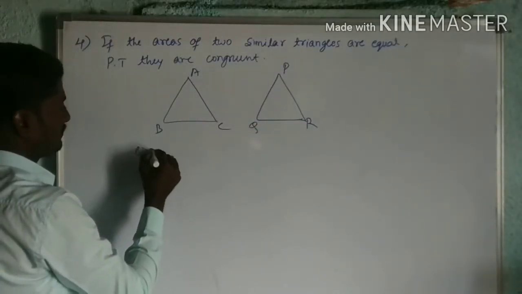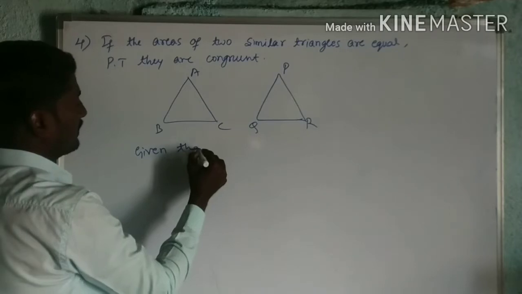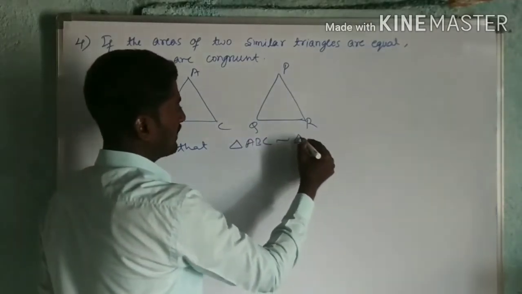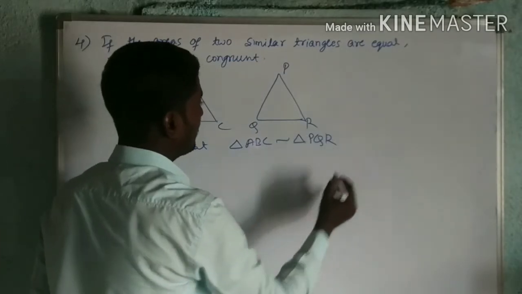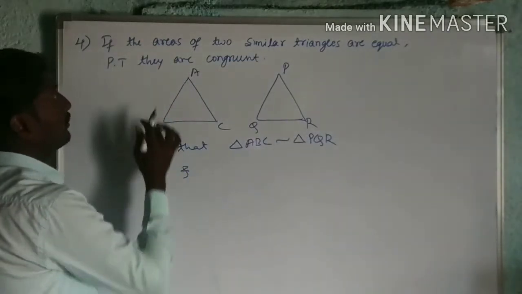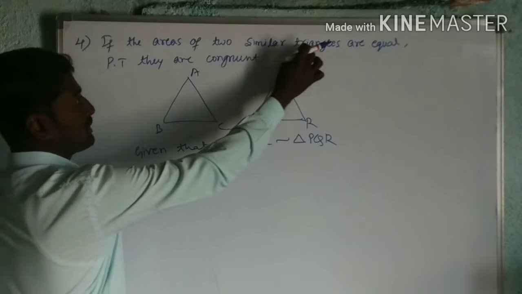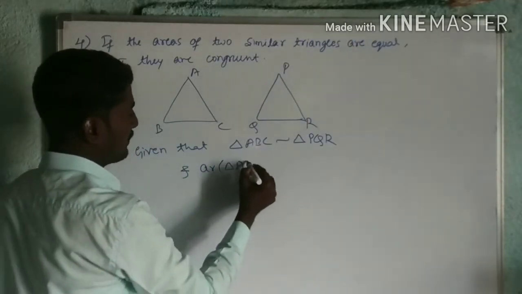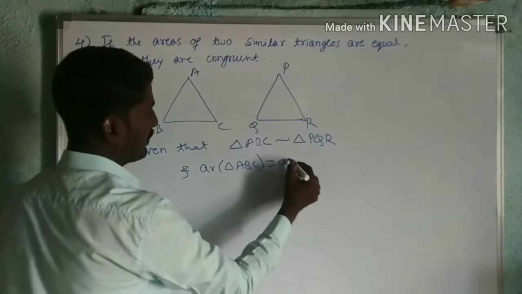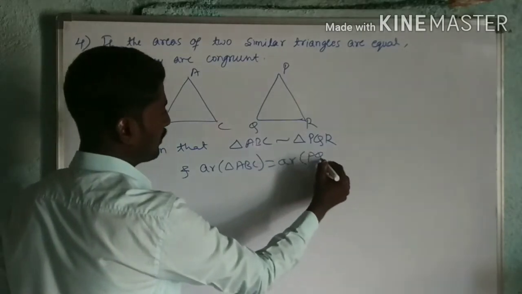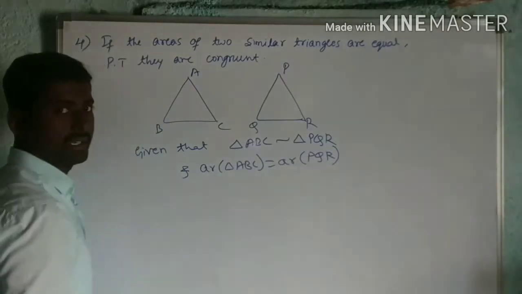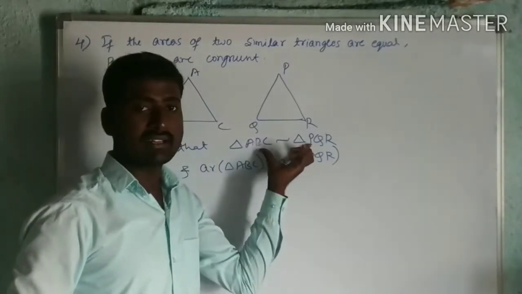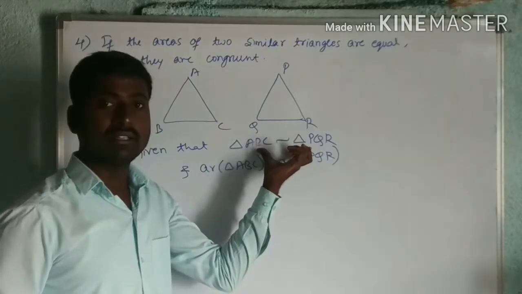Given that triangle ABC is similar to triangle PQR, and the areas of these two similar triangles are equal, it means area of triangle ABC is equal to area of triangle PQR. They have given this.